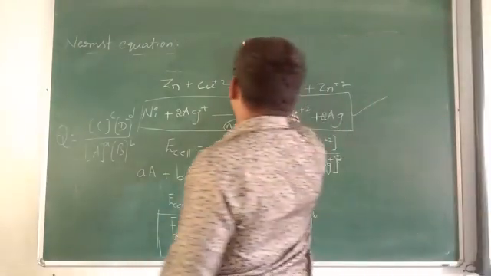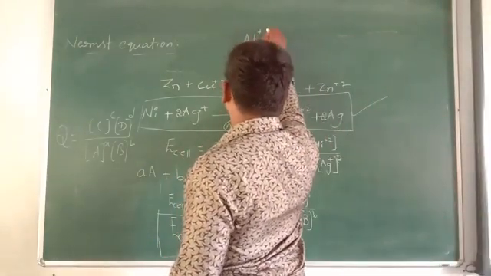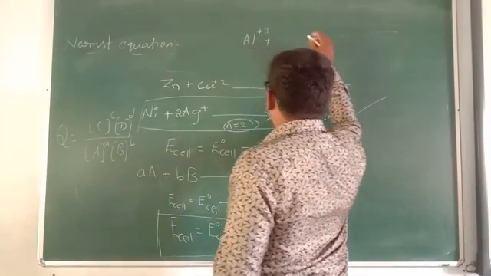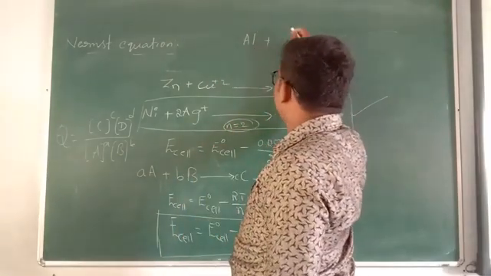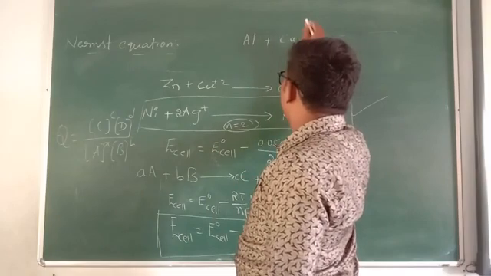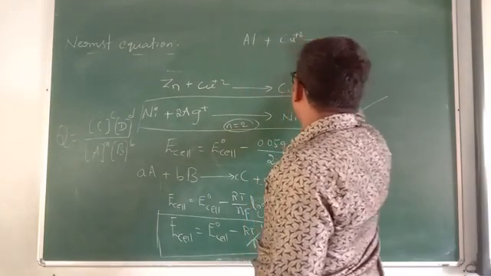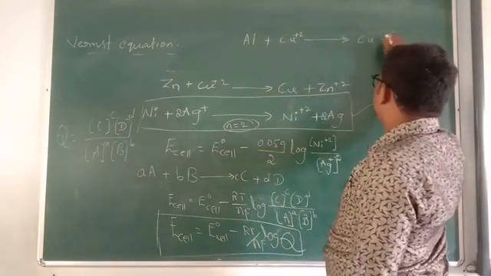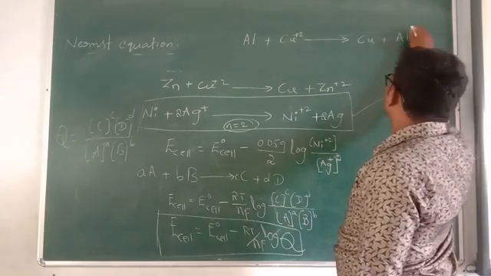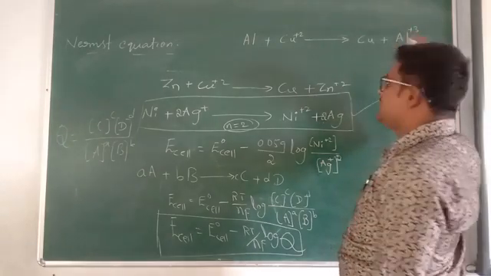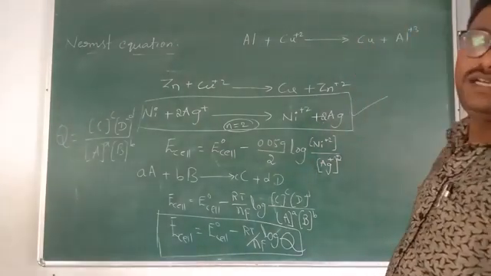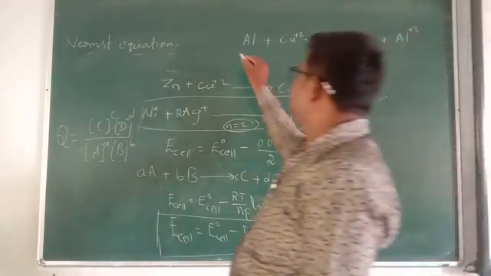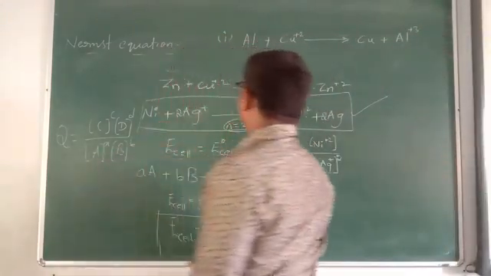Al, aluminium reacts with copper ions, forms copper metal and aluminium plus 3. You should balance this one, and you have to write the Nernst equation for this.